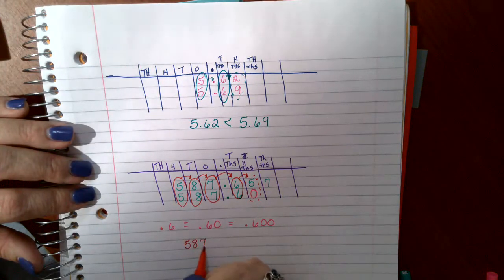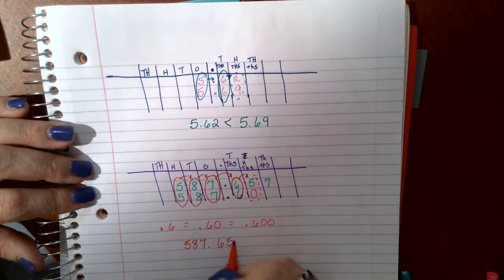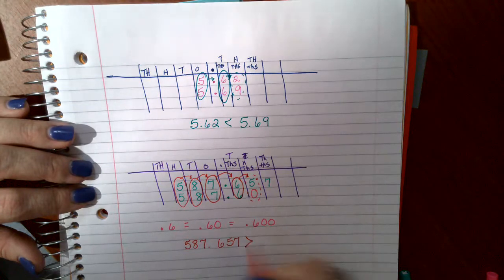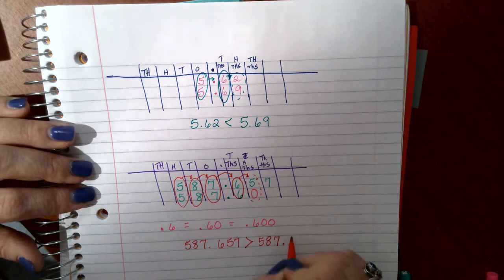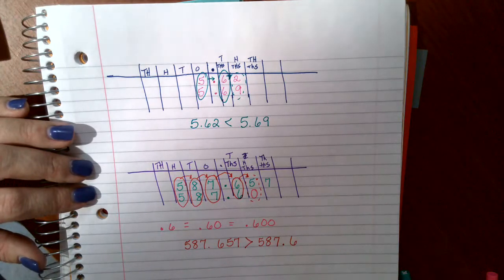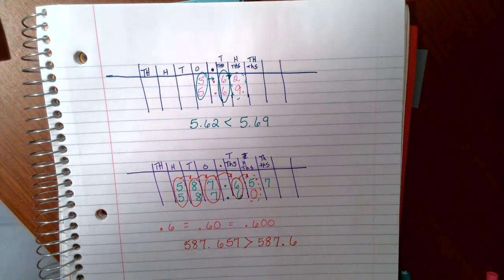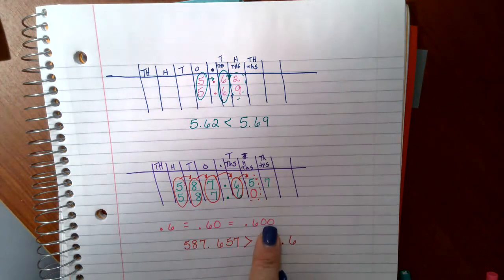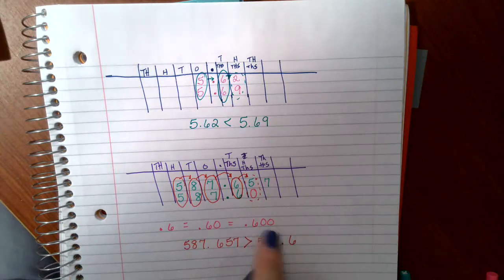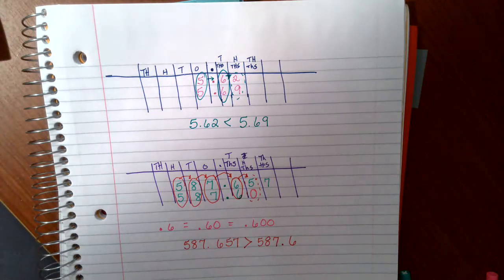So we would say 587 and 657 thousandths is greater than 587 and 6 tenths. Remember that decimal point says and. We can put a 0 as a placeholder and it does not change the value. All right.